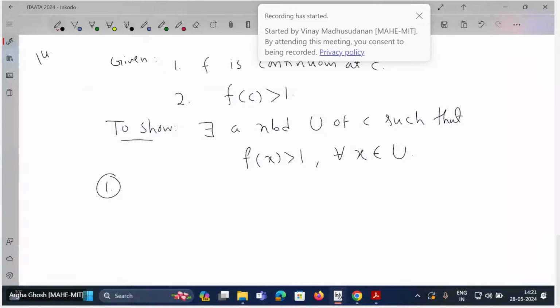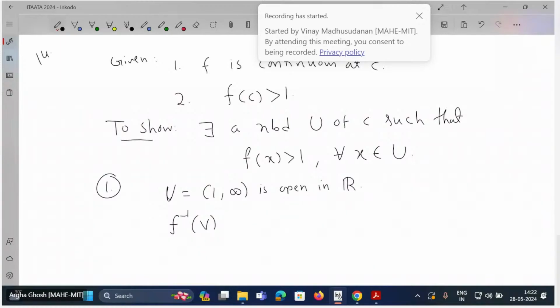He's saying if you consider V as (1, infinity), this is open in R. Then f inverse of V. In that case, you have to use the fact that f is continuous on the whole real line.